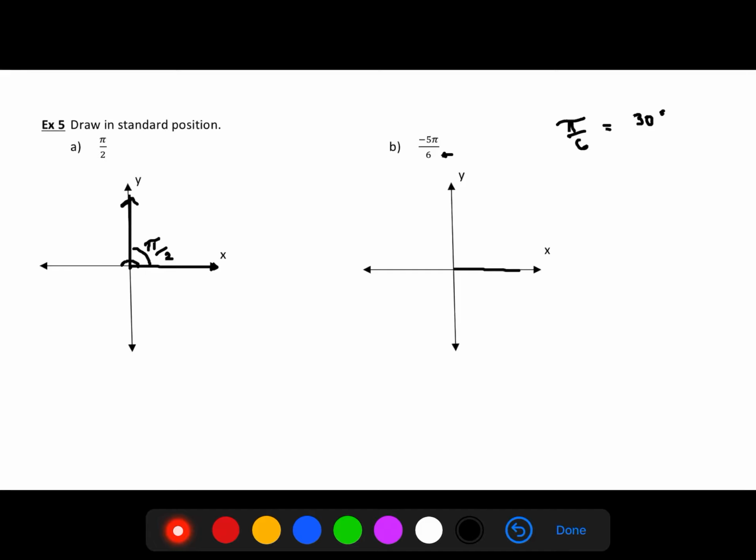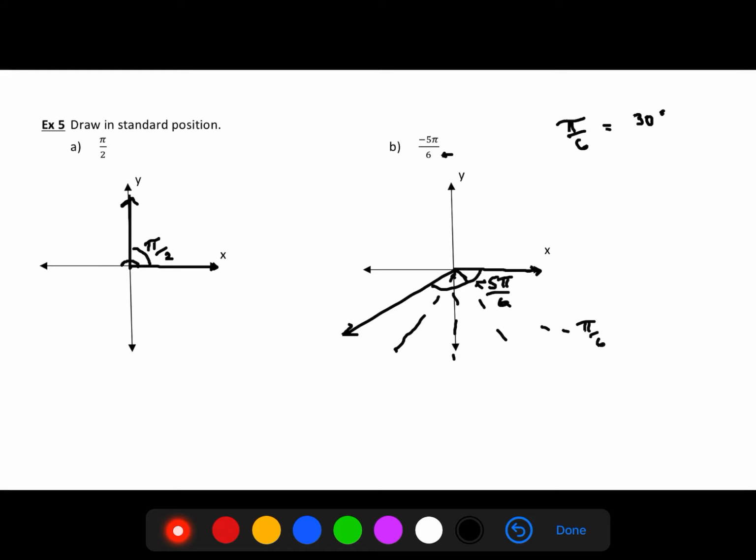So from our initial angle, we can count 6 so-called 30-degree angles. So we're going to have 1, 2, 3, 4, and our fifth one creates our angle of negative 5 pi over 6.